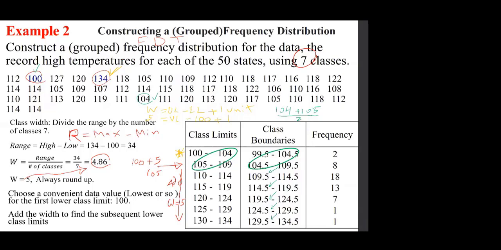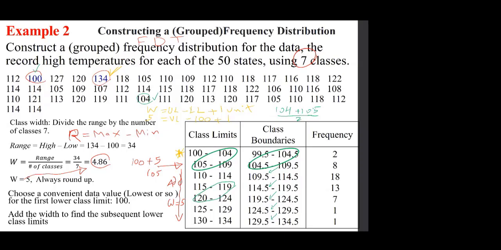Professor, I just had one question. So, of course, you've put 104 plus 105 divided by 2? Absolutely. In order to find the upper boundary for the first class, and the lower boundary of the second class. Here's another one. Take a look. If I were to find the boundaries, look at these two. If you add these two up and divide by 2, you get 119.5.